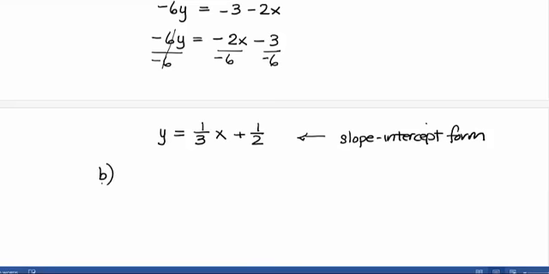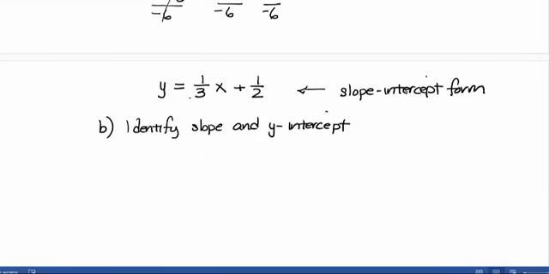So the first thing I had to do was convert it from standard to slope-intercept, and now I can identify my slope and y-intercept. Our slope is simply the coefficient that's with my x term.